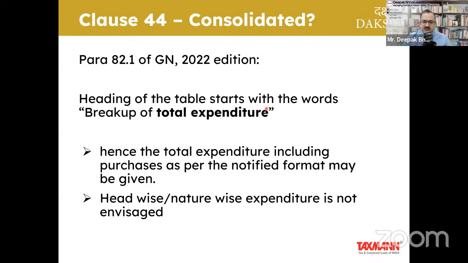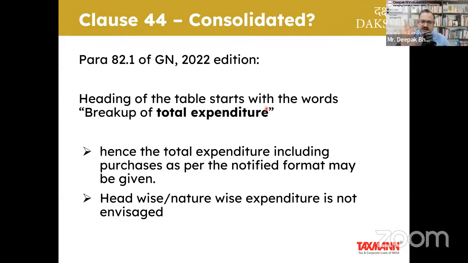Very interesting. Para number 82.1. It is the very first para as far as clause 44 in our Institute's Guidance Note. It says that the heading of the table starts with the words breakup of total expenditure. Since it talks about total expenditure, you need not give line-item-wise detail in clause 44.